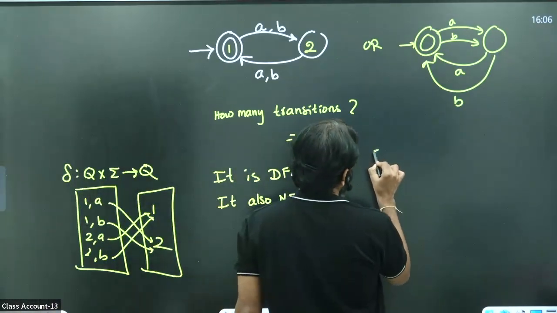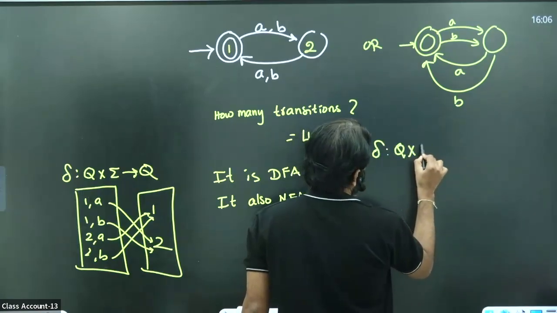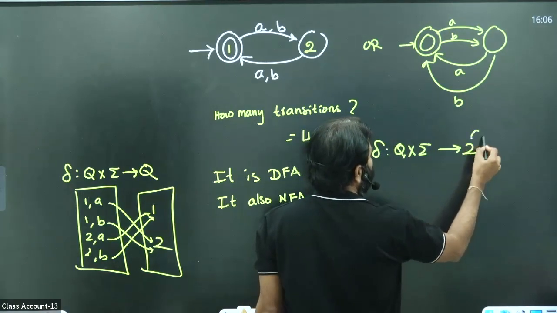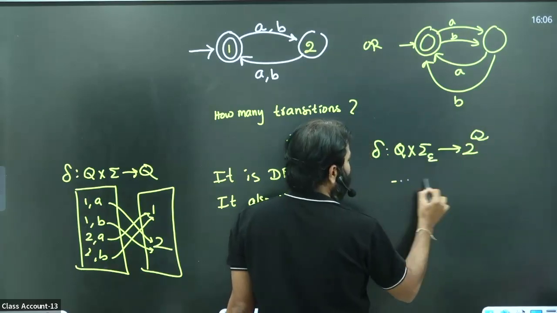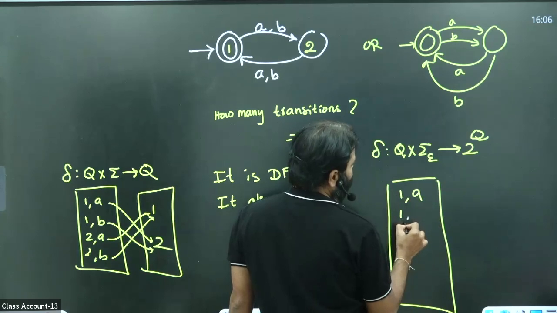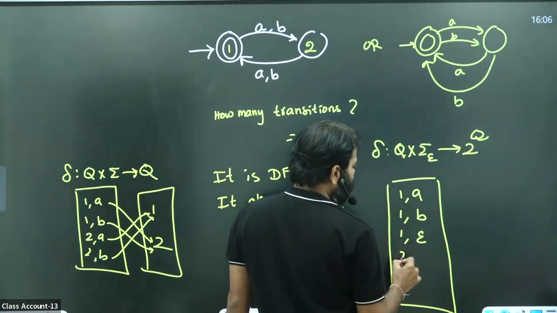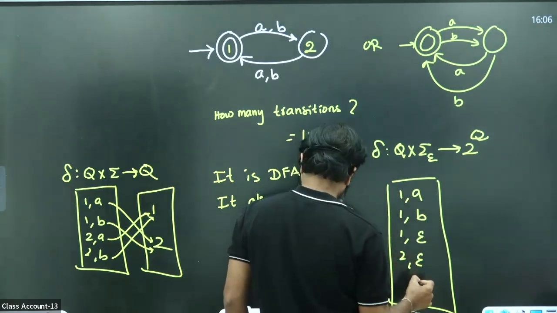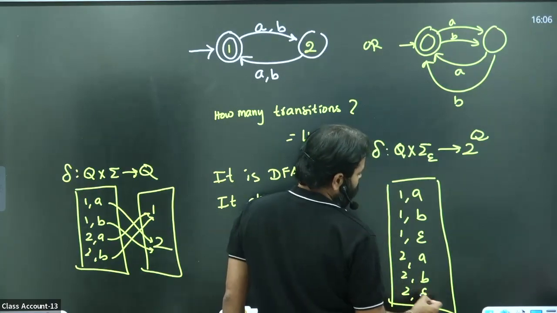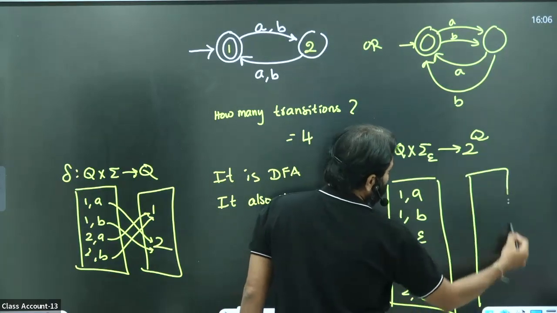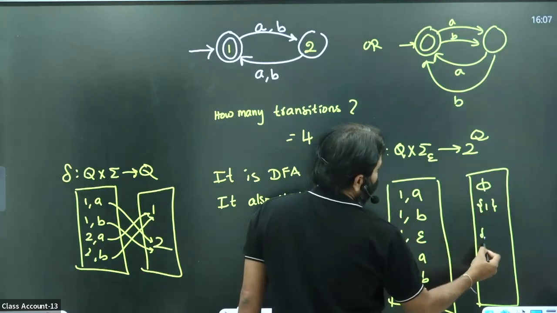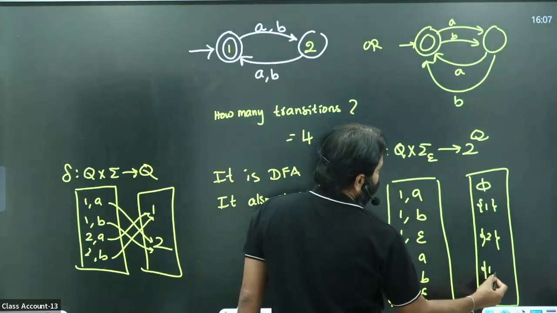And NFA, even if you want epsilon, you can keep it. That's your choice. Like 1 comma A, 1 comma B, 1 comma epsilon, 2 comma A, 2 comma B, 2 comma epsilon. And 2 power Q means all the subsets: empty set, only 1, only 2, and both.